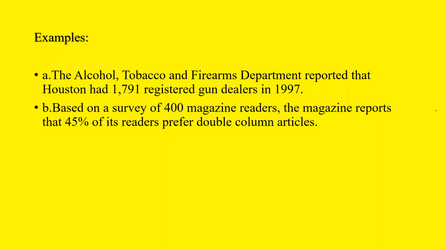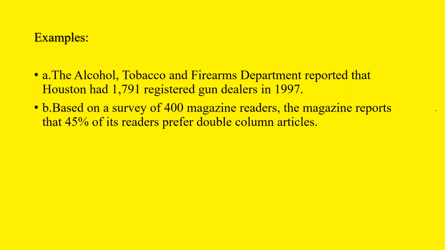Now go back and look at example A. Can we find a population or sample? That's basically just stating the facts. They said that in 1997, the Alcohol, Tobacco, and Firearms Department reported that Houston had 1,791 registered gun dealers. So that's the fact.